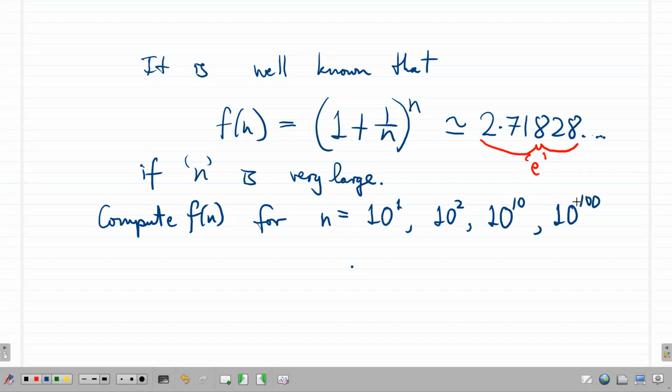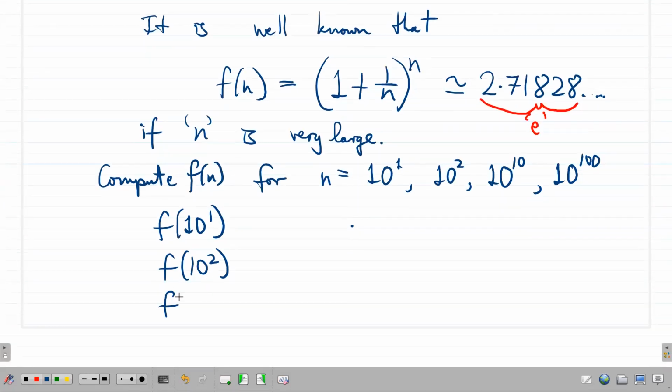Here I'm increasing n with each successive choice. So on my calculator, I need to compute f of 10 to the 1, f of 10 squared, f of 10 to the power 10, and lastly, f of 10 to the power 100. 10 to the power 100, at least in my book, is a large number.